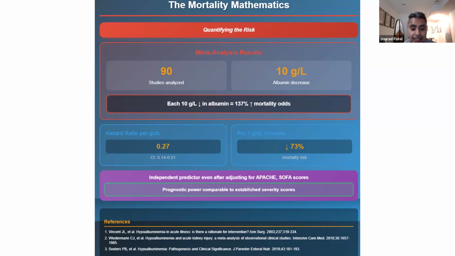In the same way, with any 10 gram increase, your hazard ratio for death shows improved mortality compared to someone who has a normal albumin. Per 1 gram per deciliter increase, you get a 73% reduced risk of mortality. So it has really good prognostic power. And in my own research, I found that albumin is consistently one of the best predictors of death, even better than lactate at times.